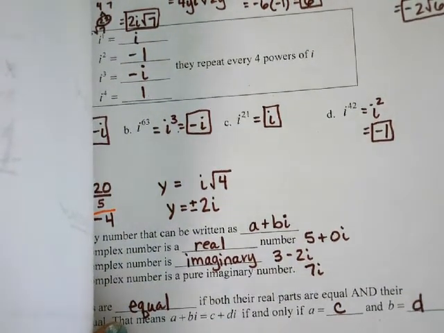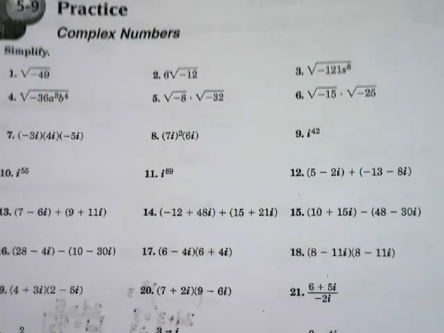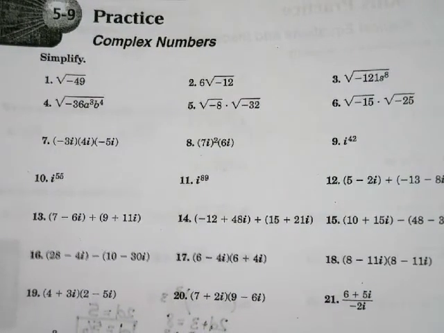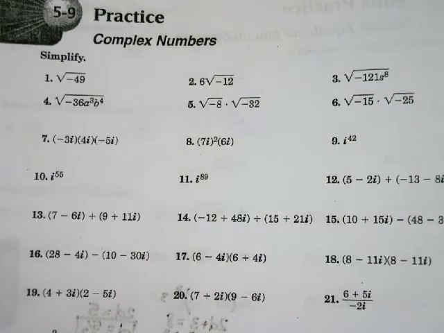But let's look at your worksheet. So, at the top, 1 through 6, it looks like it sort of broke it down a little bit for you. 1 through 6, make sure you take the i's out first.